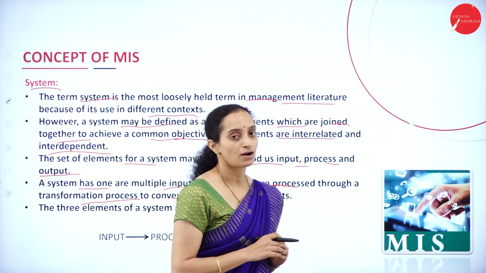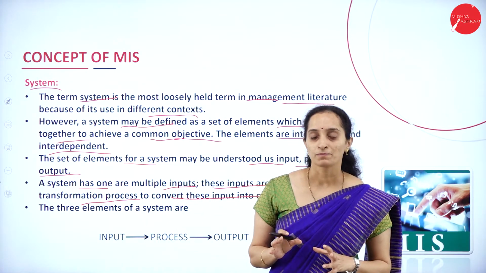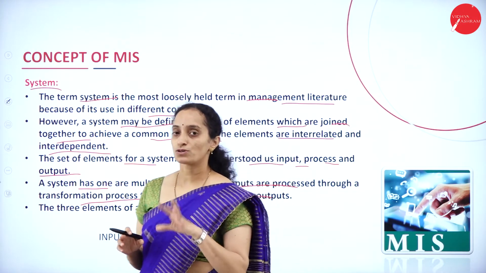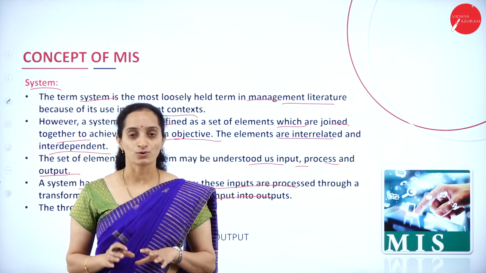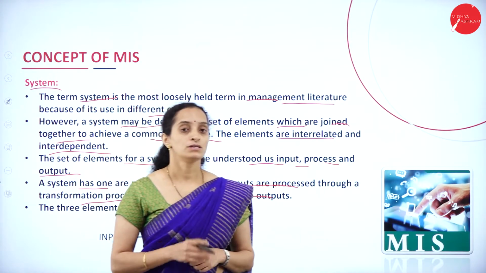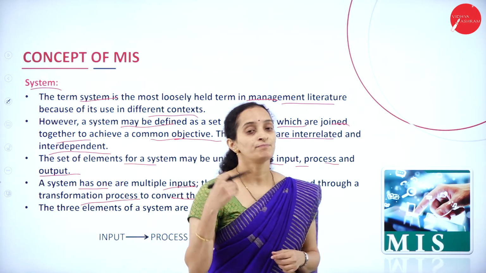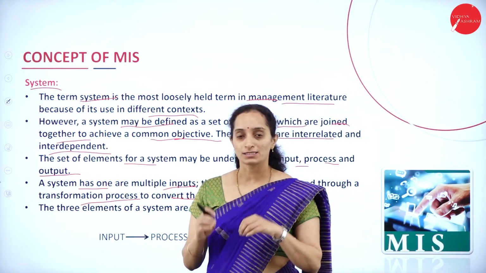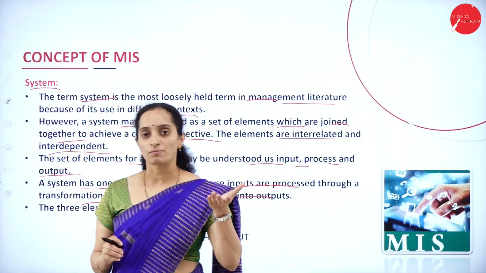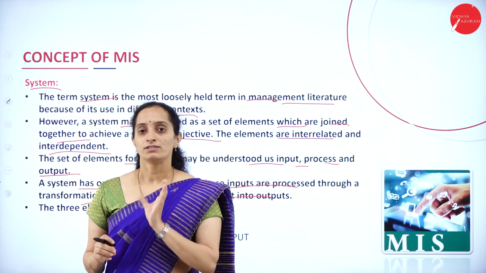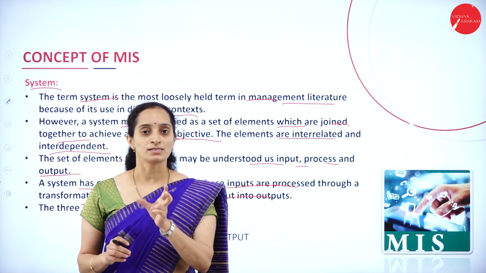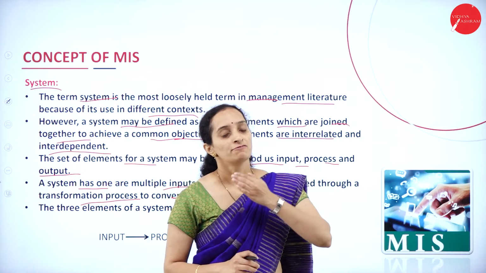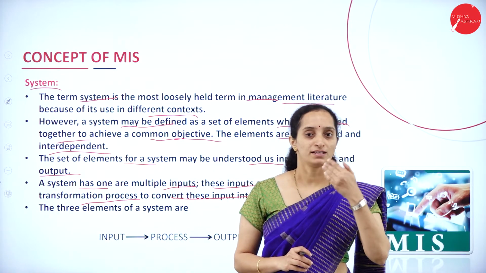Suppose your bank account has 50,000 rupees. If you want to withdraw some money, what you have to input is how much amount you want to withdraw. Suppose I withdraw 5,000. I'll give the input 5,000. The CPU will look into your balance of 50,000 and the withdrawal amount you have given as input, 5,000. It will process this by subtracting 5,000 from 50,000.